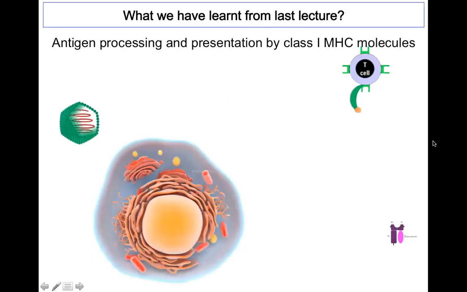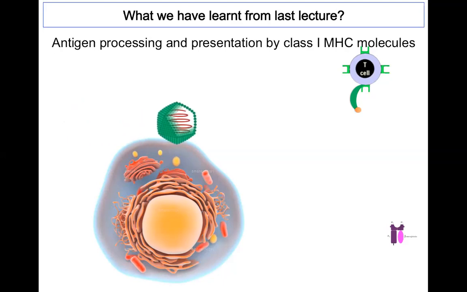Before starting our next lecture, first we will look at what we learned in our last lecture. In our last lecture, we discussed the class 1 MHC molecules. If you are interested to learn this whole phenomenon, you can see our last lectures related to this chapter.